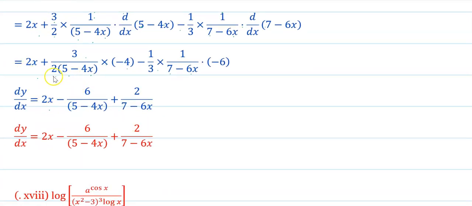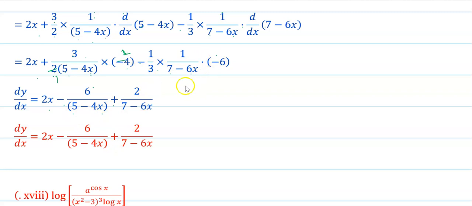Okay. 2 into 3/2 in bracket, (5 minus 4x) into 4. Here we do the simplification. The 2 remains. 2 into 3 will become 6, but it is a minus sign. This 2 gets cut here. 2 1s are 2, 2 2s are 4. 2 into 3 is 6, and it has a minus sign. That is minus 6 upon (5 minus 4x) plus.